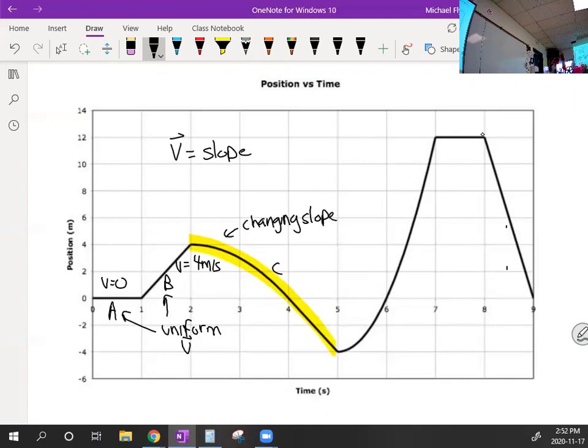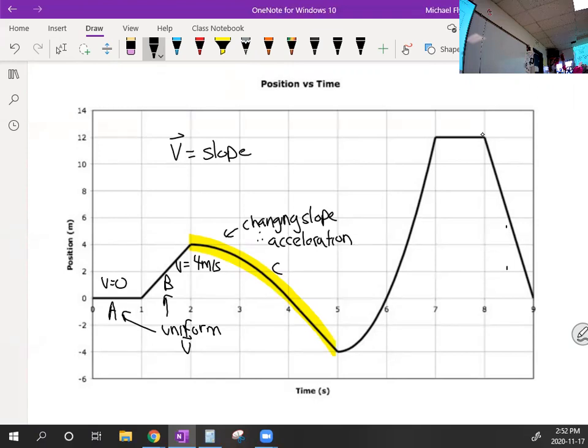The slope is changing, and therefore we have acceleration. A changing slope, because the slope equals velocity. If the velocity is changing, that means you have acceleration.